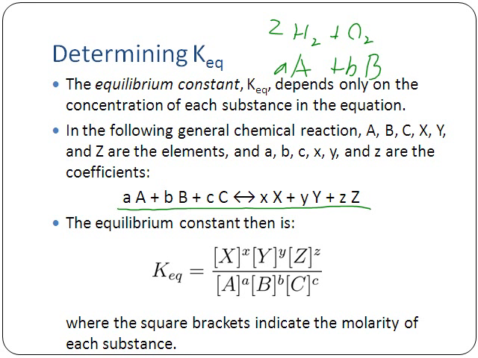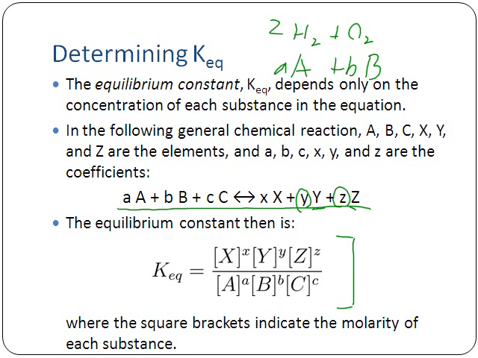If this is true, the equilibrium constant, Keq, would be as this equation has right here: the concentration of element X raised to the coefficient of X power, times the concentration of element Y raised to the coefficient of Y power, times the concentration of element Z raised to the coefficient of Z power. All that is on top.